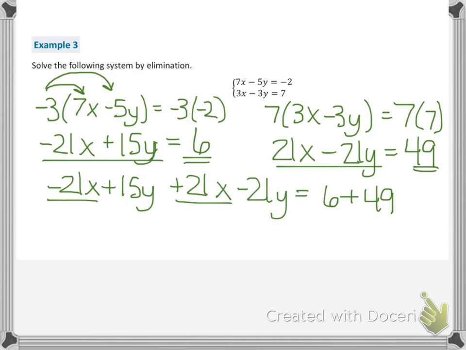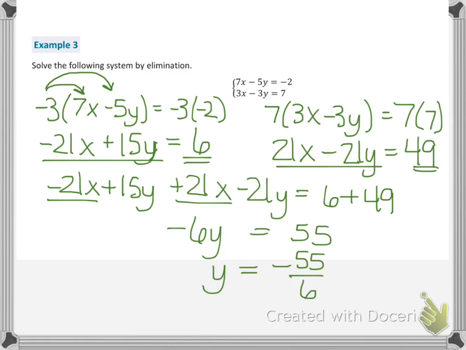So 15 plus -21 is going to be -6y. And I know that that's equal to 6 plus 49, which is 55. So dividing through by -6, I'm going to get y is equal to -55/6.